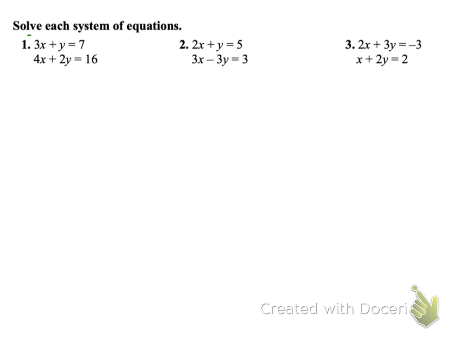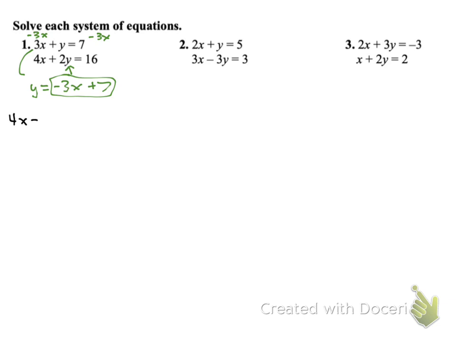So I'm going to subtract 3x, which will give me y equals negative 3x plus 7. I'm going to take negative 3x plus 7 and plug it into y in the second equation.